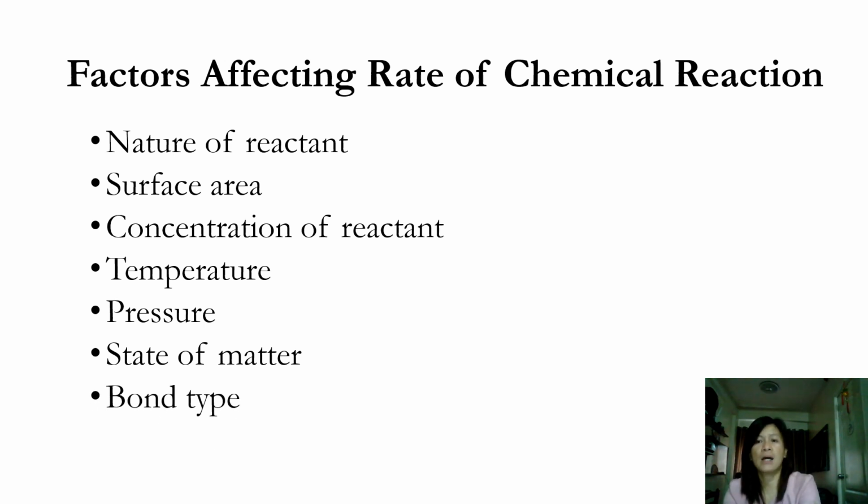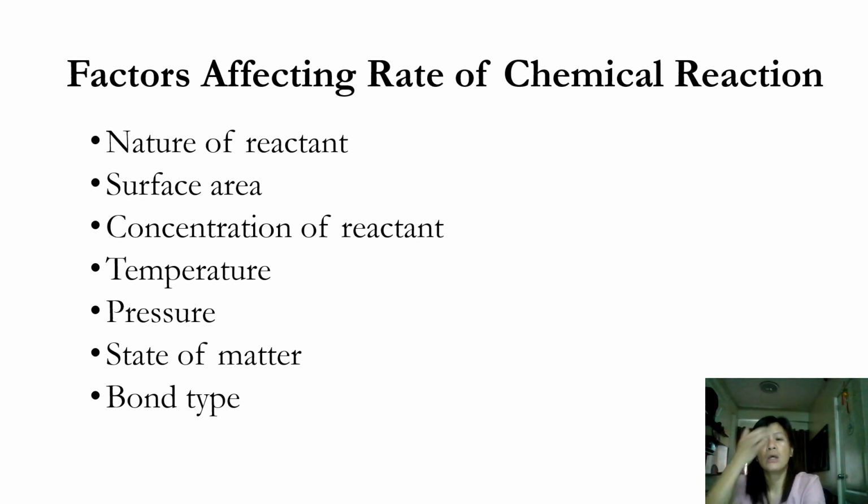And of course, the bond type. We studied the different types of chemical bonding, and the bonds also differ in strength. According to the type of chemical bond, the stronger the chemical bond, the more difficult it is to break, the higher the energy requirement, so the slower the chemical reaction.